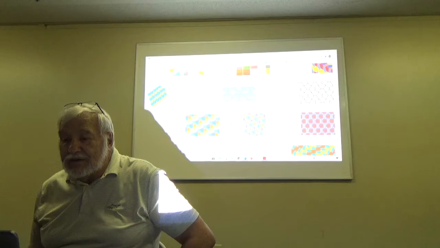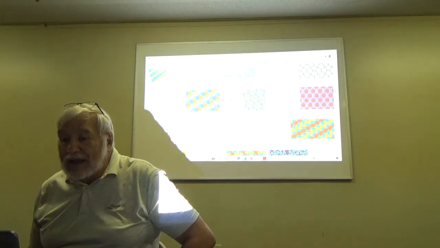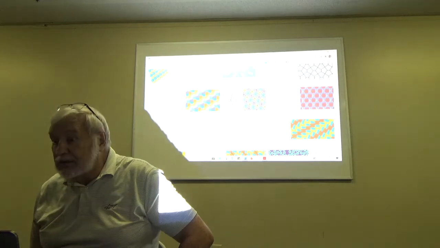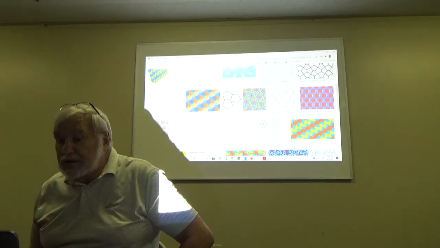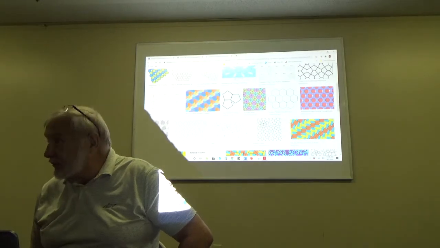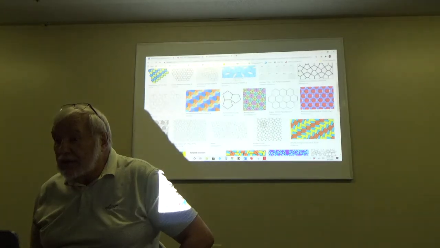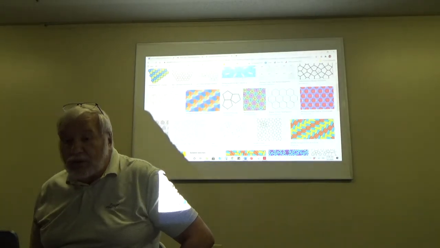If you look at this one, this is a regular pentagon. A regular pentagon will not, because of the way the sides angle out, there will be a blank here. But this particular shaped pentagon will tile the board.